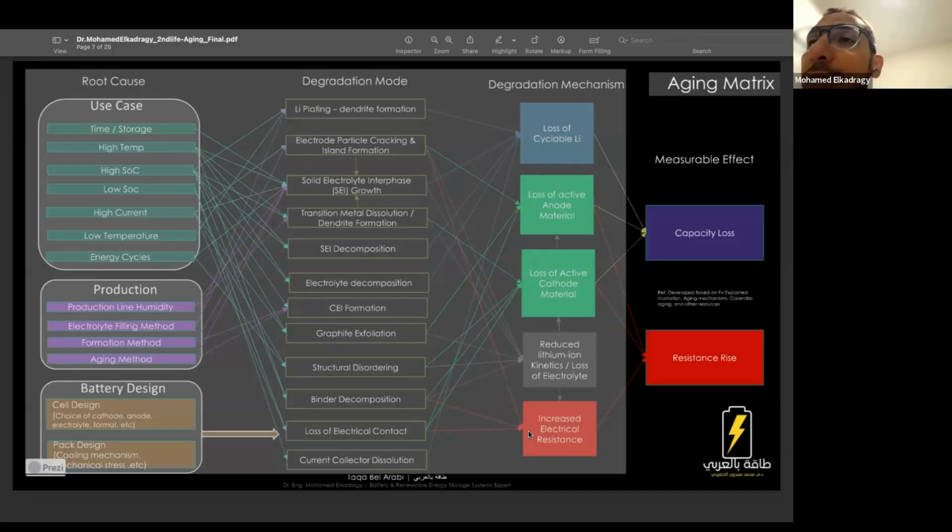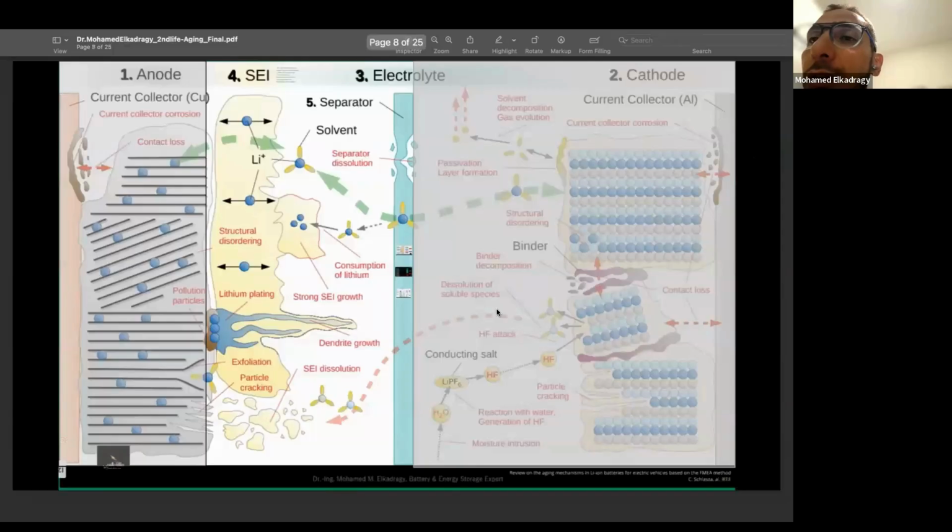So if you can go to the next slide, please. As I said, I really want to focus on the effects happening in the SEI and lithium plating, because this is one of the key drivers for losing lithium.